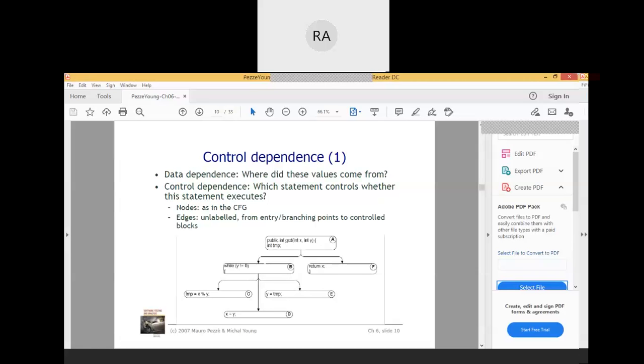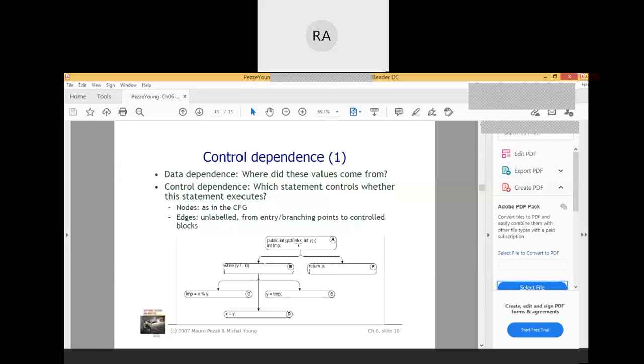That picture will be given by the control dependency graph. How can I draw the control dependency graph? We have already drawn the CFG. The nodes are the same as those of the control flow graph, but the difference from the previous one is again in the edges.